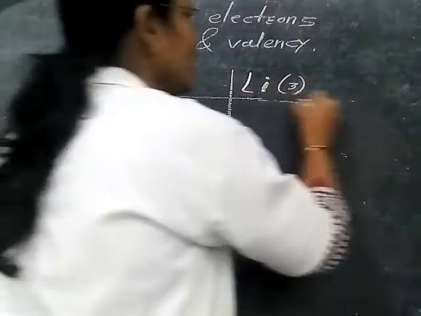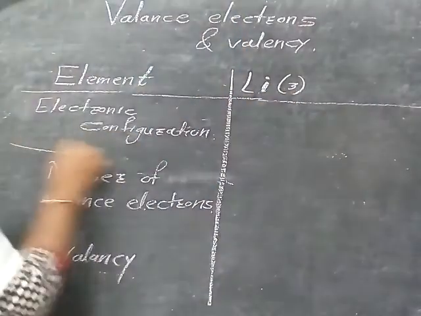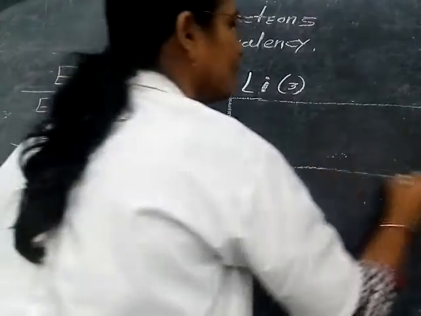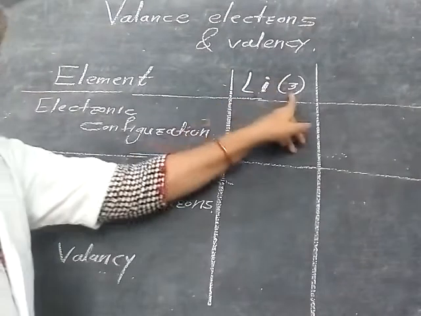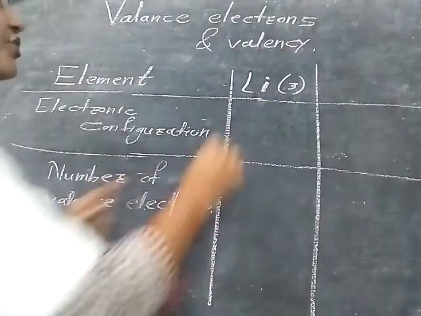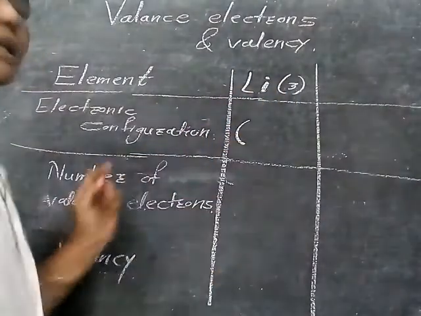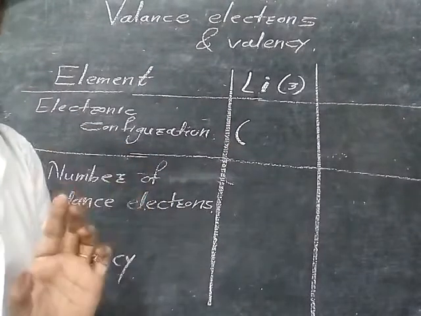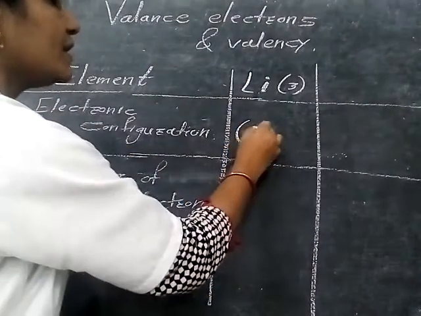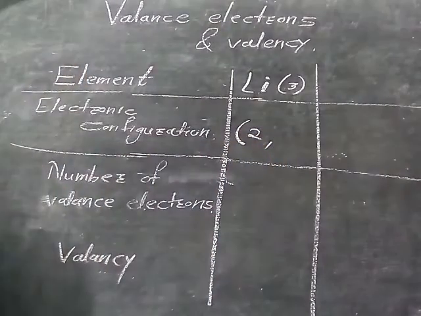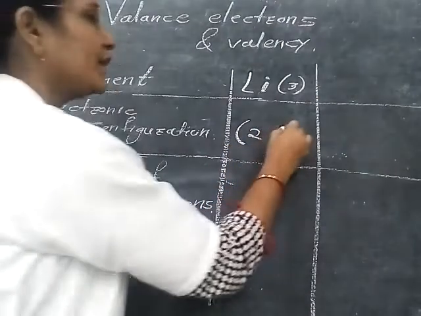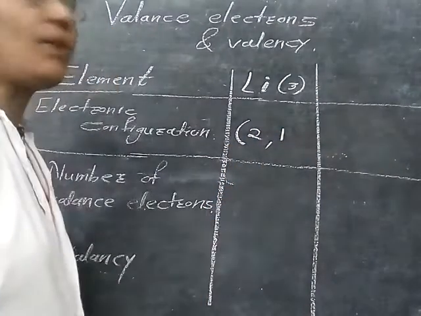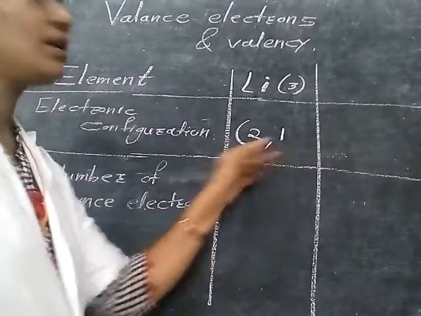First we write down the electronic configuration for lithium. There are 3 electrons. The capacity of the first orbit is 2 electrons, so in the first shell there are 2 electrons, and in the second shell there is 1 electron, or we can say in the outermost shell there is 1 electron.